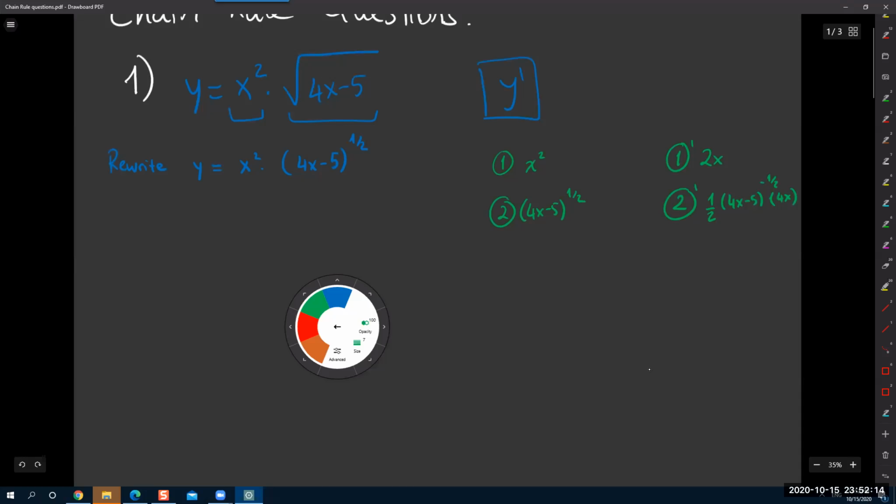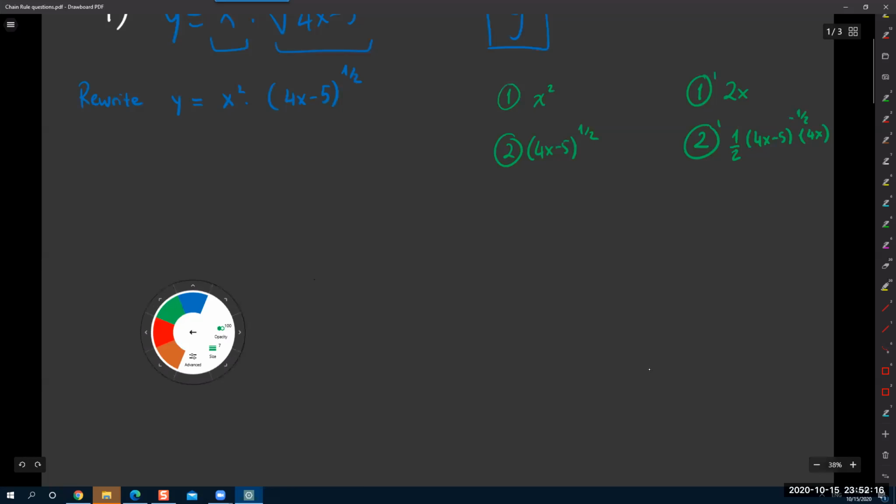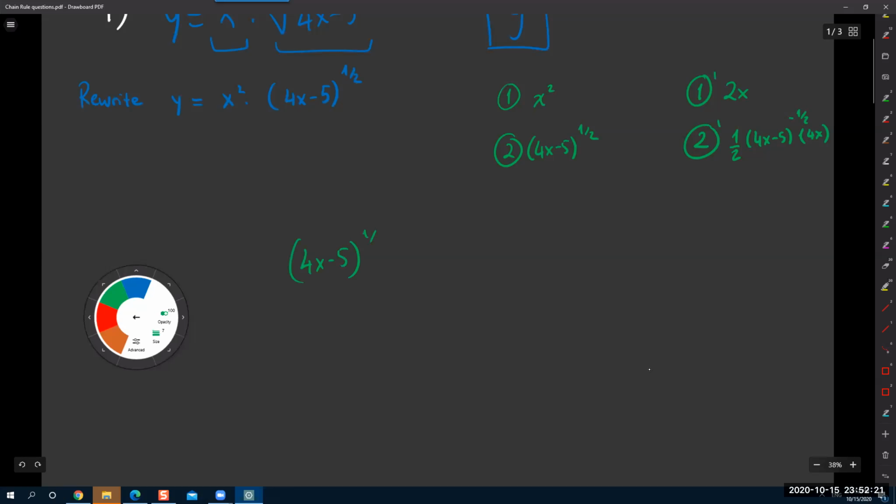I don't know if you follow it, but let me show you the derivative of 4x minus 5 to the 1/2 power. The extended power rule is kind of like an onion, going from the outside to the inside. First you take care of the 1/2 part, so that comes in front, and you decrease the exponent by 1. Do not touch the inside.